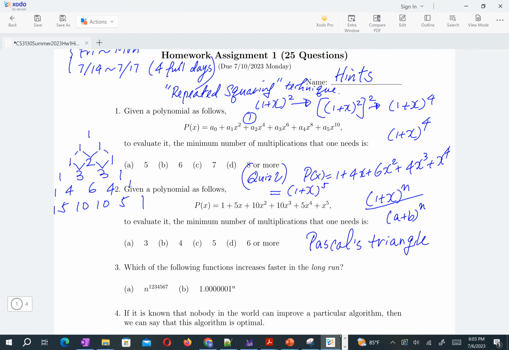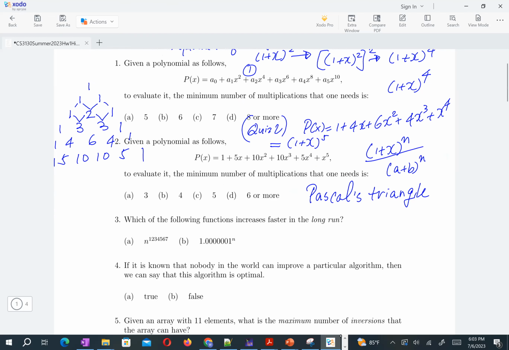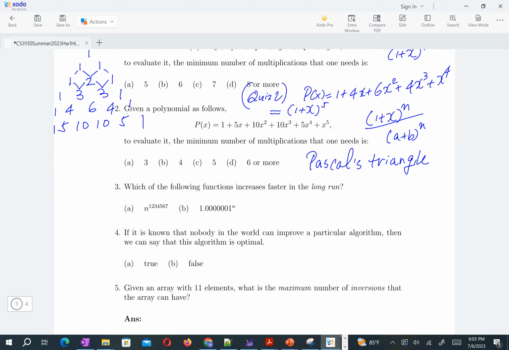But in order to apply this repeated squaring technique, you need a power function, something to a certain power. For your homework question, 5th power, can you do a little faster? Better than Horner's rule.